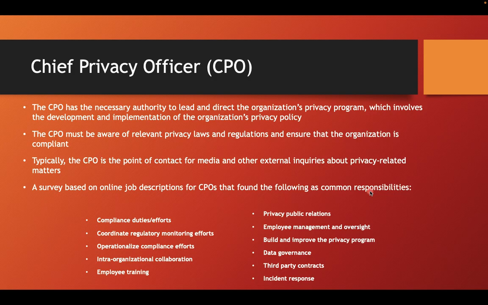Now, a survey based on online job descriptions for chief privacy officer found the following responsibilities. This job responsibility for chief privacy officer is the result of an experimental survey that has been carried out.